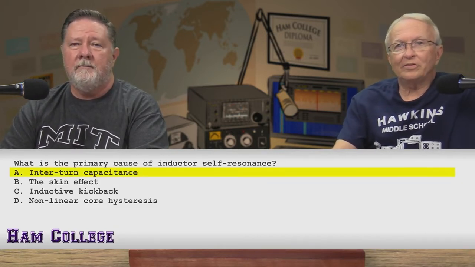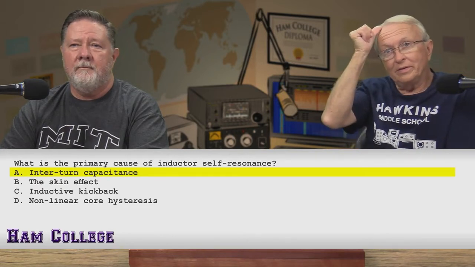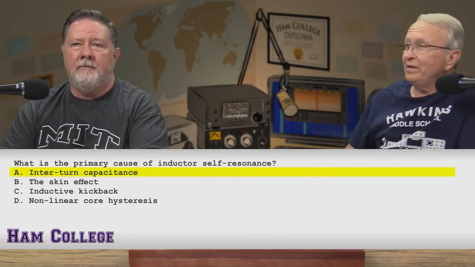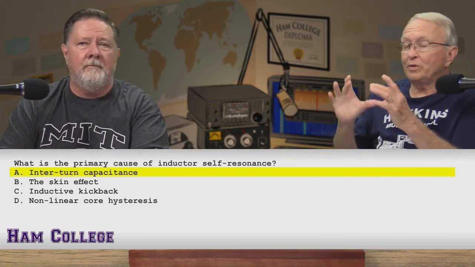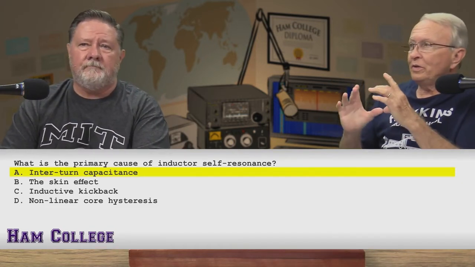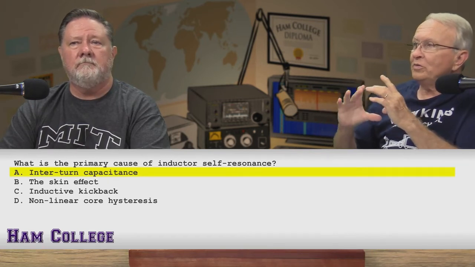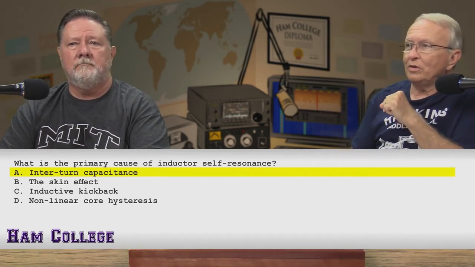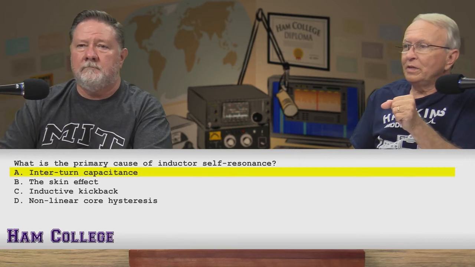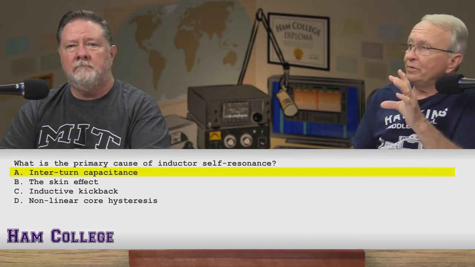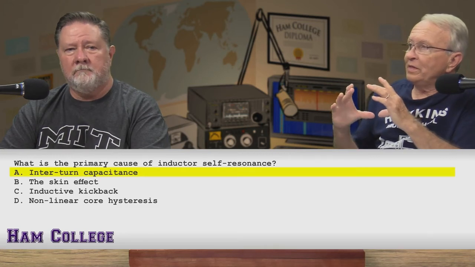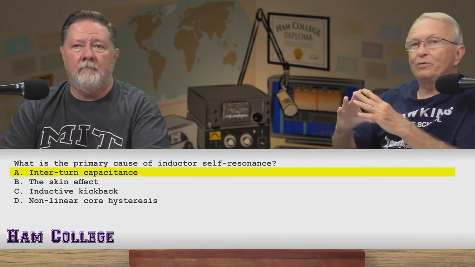Inner turn capacitance. And here's the key on this one. They're talking about self-resonance. In other words, the inductor is resonant with itself. And we mentioned earlier that in a resonant circuit, typically you could have an inductor and a capacitor, and the two are resonant at a particular frequency.